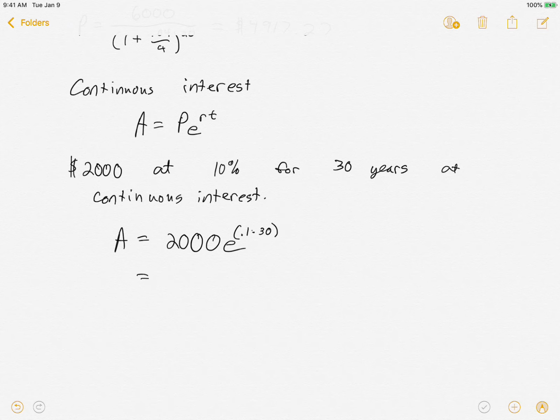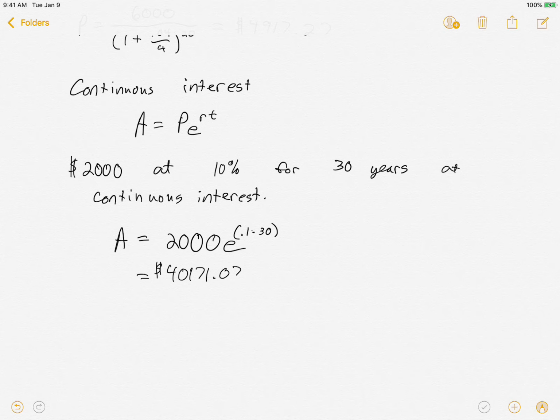If I put that in the calculator, I get a pretty crazy number, considering I put in $2,000. When I put that in, make sure and put these in parentheses when you put it into the calculator as well. We get $40,171.07.